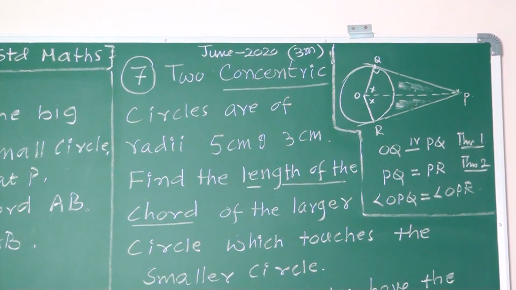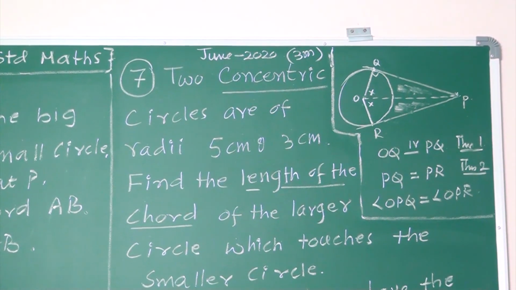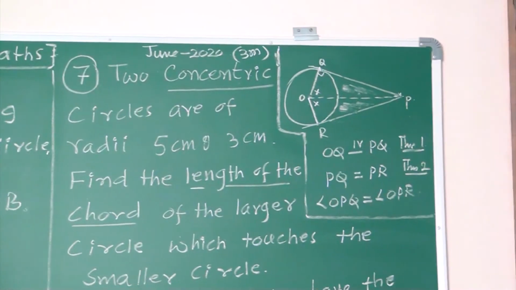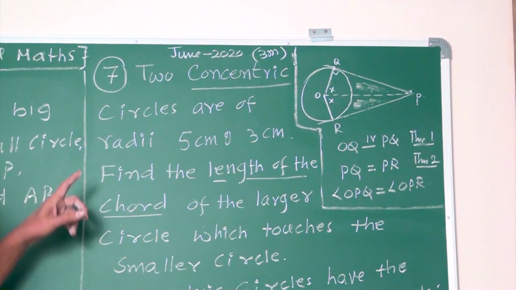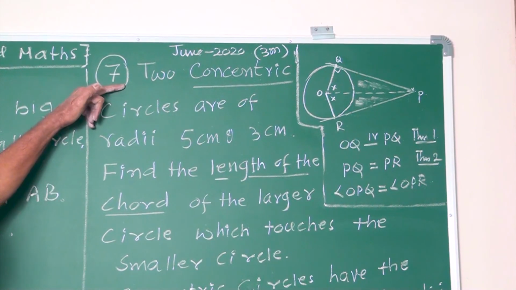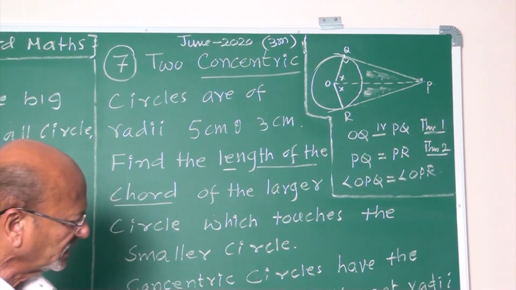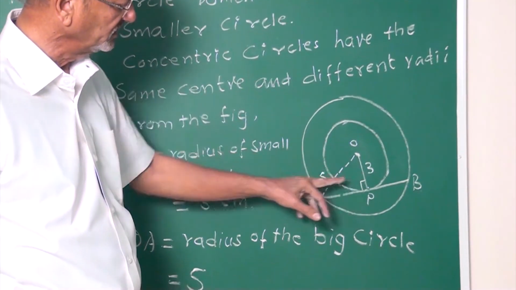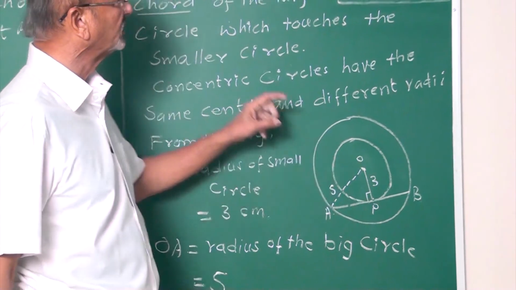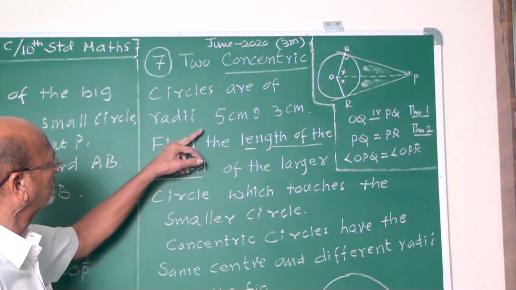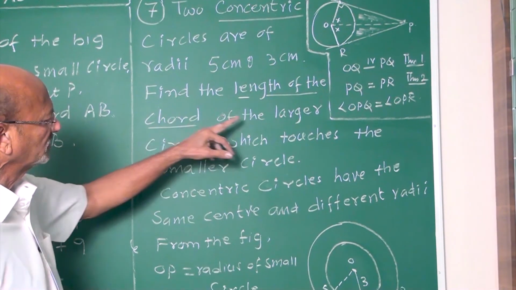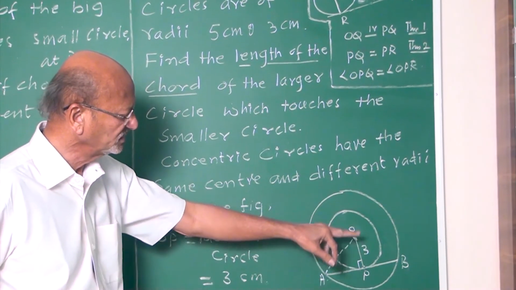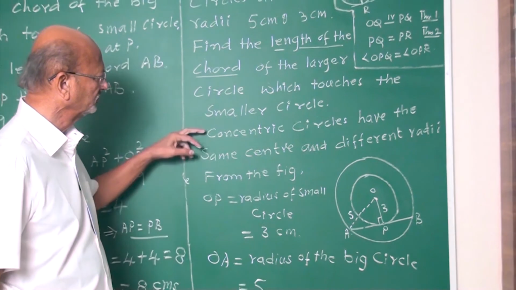Lastly, I will explain my points once again. See, this is the question. Concentric means the two circles having the same center with different radii. Radii 5 and 3. Find the length of the chord of the larger circle which touches the small circle.